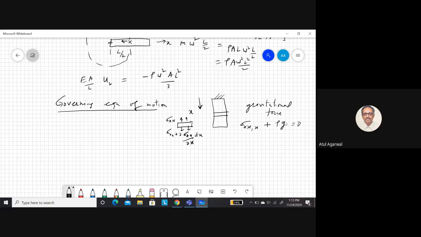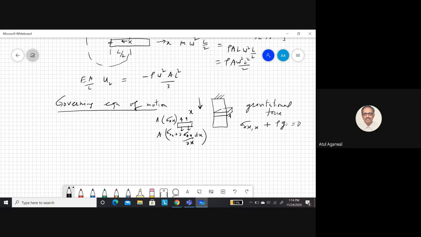Force is this, face is this. So what is our net force? You say the cross-sectional area is A. So force here is sigma xx into A. So this force is also this if we are assuming constant cross-sectional area.